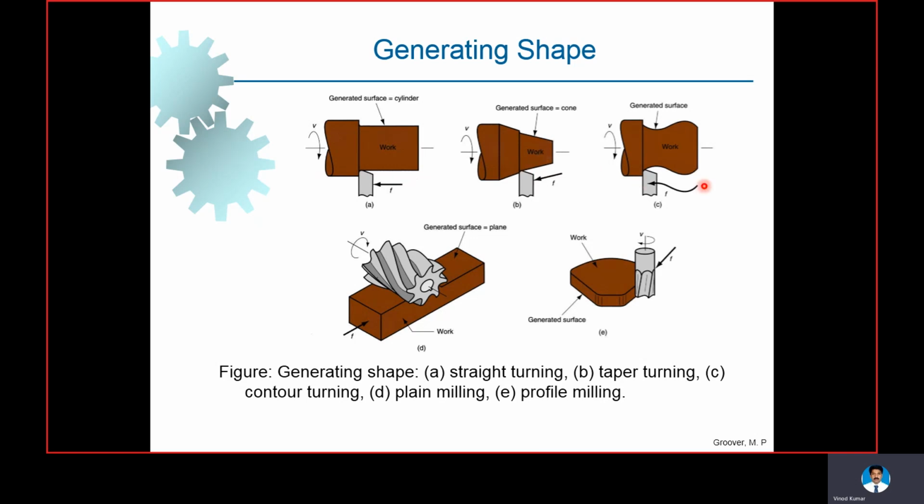And if the tool is fed in a curved shape, like contour turning, it follows a curved profile, and then we could produce a curved surface. So in all these three cases, we adjust or control the feed. Now we can see in plane milling and profile milling also, we could produce similar shapes.